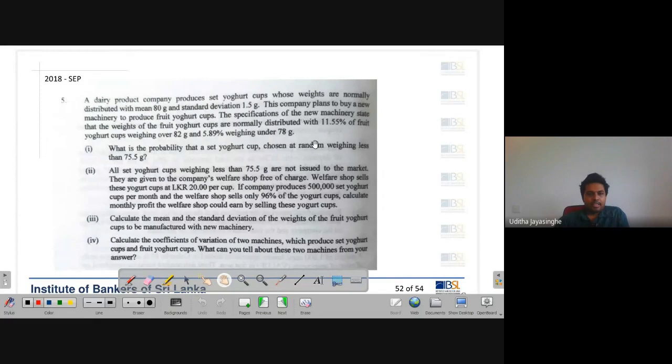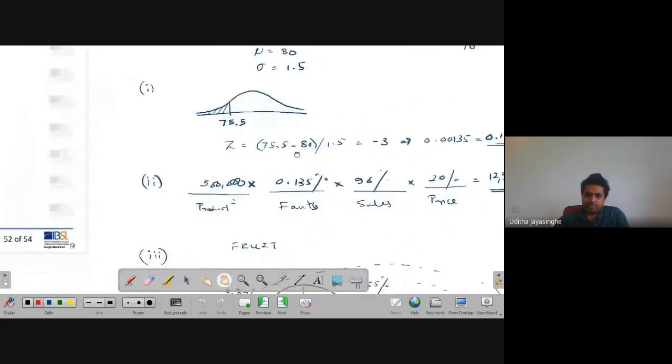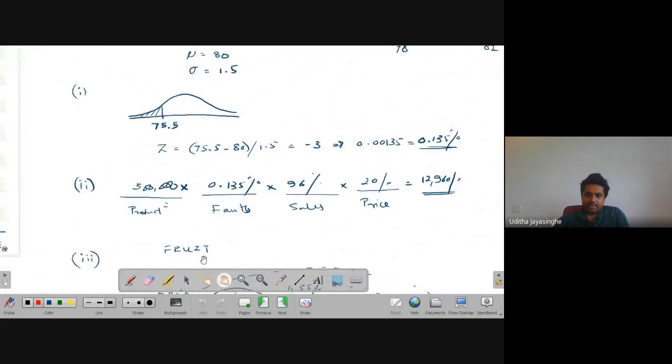First part. What is the probability that a set yogurt cup chosen at random weighs less than 75.5? Focusing on the set yogurt machine, piece of cake. We put the ingredients in the picture. 75.5 is the value of interest.